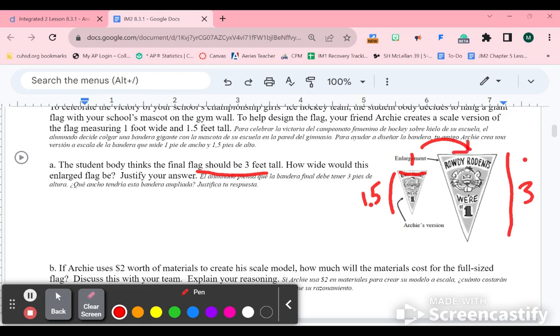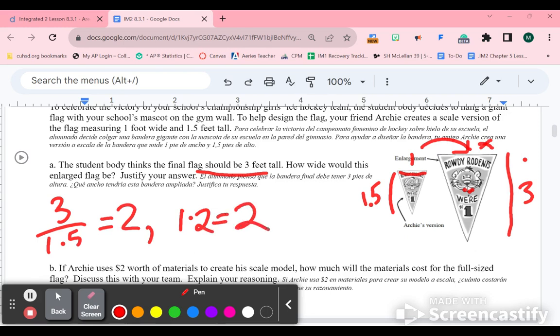How do we know what this length is going to be? Well, the scale factor is going to be the image, this is the image, divided by the original. So 3 over 1.5, which is 2. So I can solve for this missing length here by doing 1 times 2 is 2. This missing length x is 2. That's how wide the enlarged flag should be.